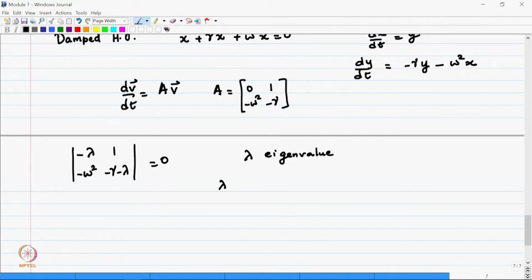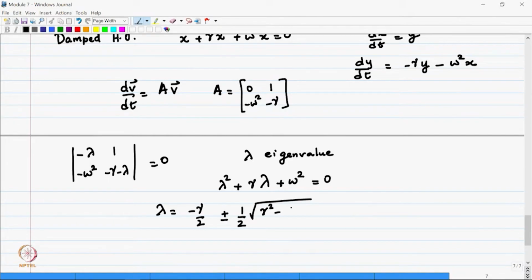You will get lambda square plus gamma times lambda plus omega square equal to 0, or lambda is equal to minus gamma by 2 plus minus half square root of gamma square minus 4 omega square. These are the eigenvalues.